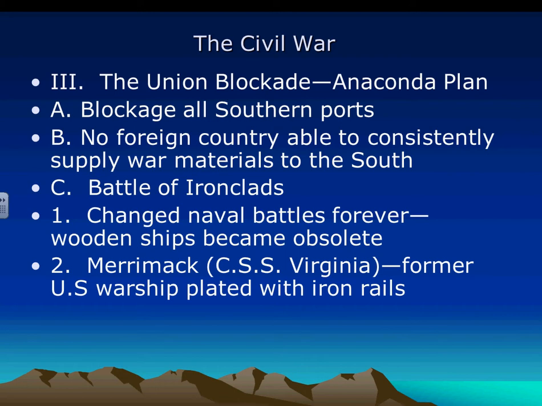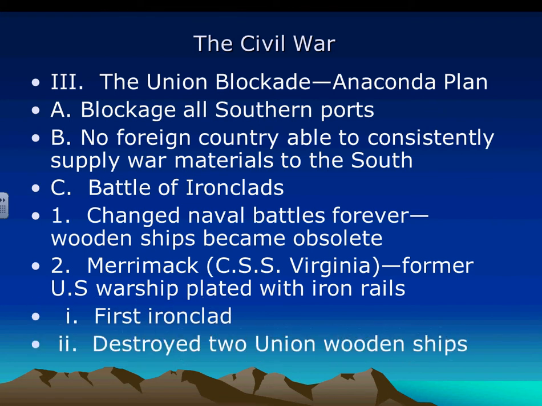The Merrimack was from Virginia. It was a Confederate ship. When it was first commissioned, it went out and sank three Union ships. But then the next day, it will meet the ironclad from the north.